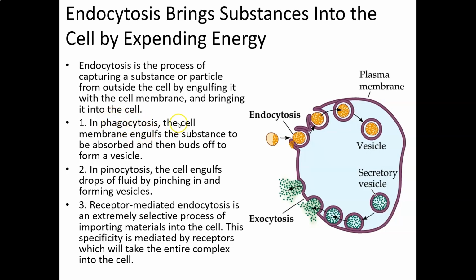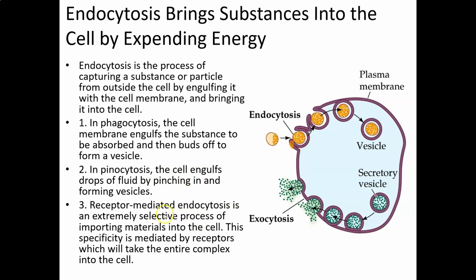So this is when a cell engulfs a solid substance and it's absorbed into, eventually, a vesicle. So phagocytosis is cell eating. Pino, or some people say pinocytosis, is when the cell engulfs fluid by pinching off and forming a vesicle. So the only difference is in phagocytosis, it's not fluid. In pinocytosis, it is.